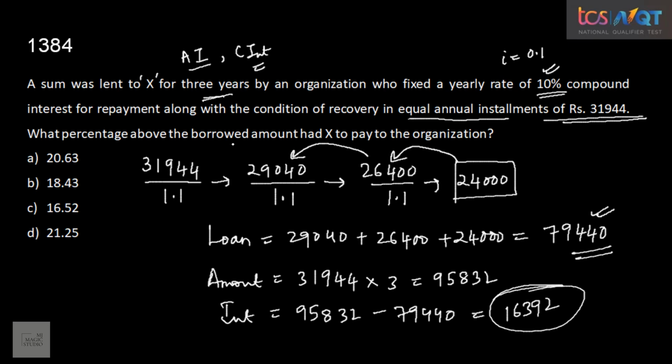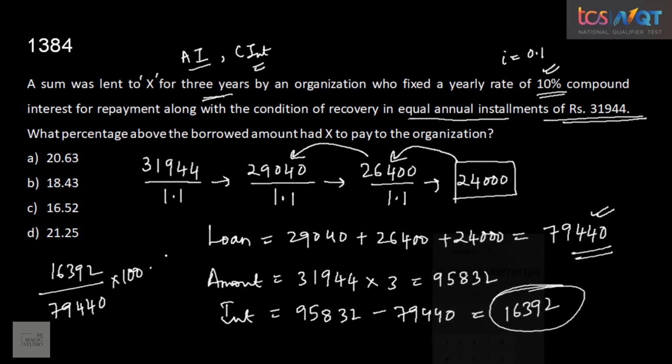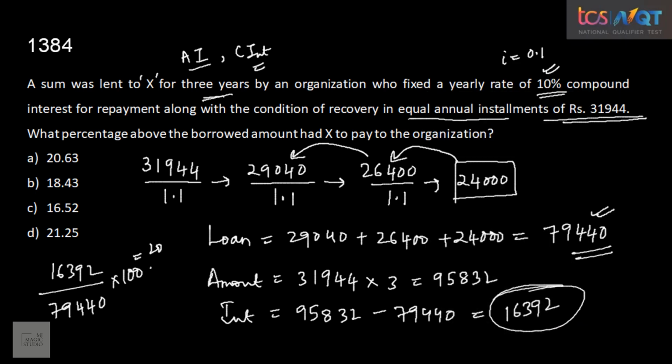This is the total interest paid for 3 installments. What percent above the borrowed amount are we looking for? 16,392 divided by 79,440 into 100. Let's do the calculation now. 16,392 divided by 79,440 gives 20.63%. This is 20.63%.